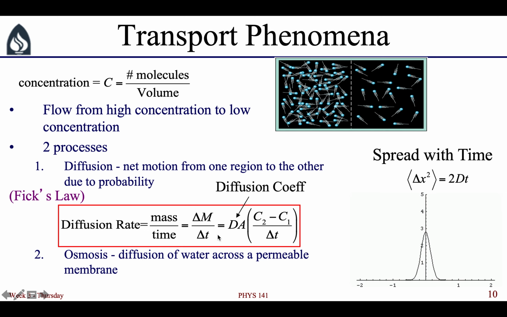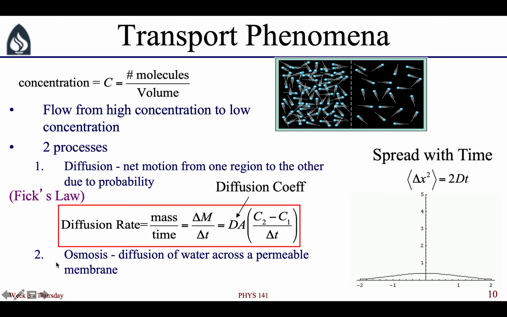And this mass per time depends on a diffusion coefficient, which depends on the material in question and what kind of molecule you're dealing with, times the area, so this would be the area between the two regions, times the difference in concentrations between the two regions divided by the amount of time. So this diffusion rate describes how the atoms from the high concentration region tend to move towards the lower concentration region just because of random motions.